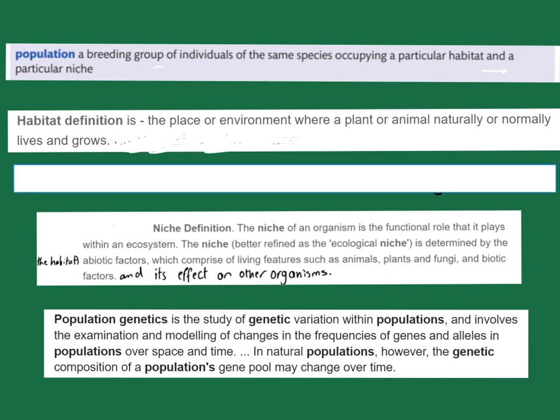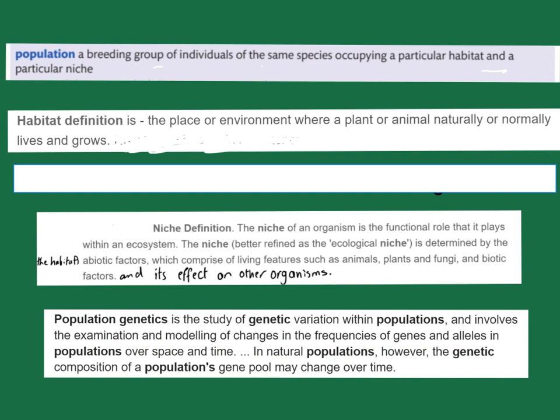on other organisms. Population genetics is a branch of science, biology or ecology, that studies genetic variation within populations and involves the examination and modeling of changes in frequencies of genes and alleles in populations over space and time.